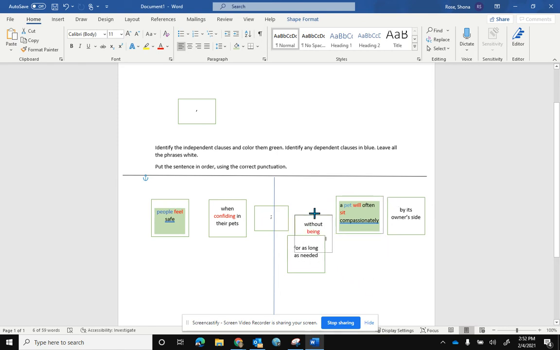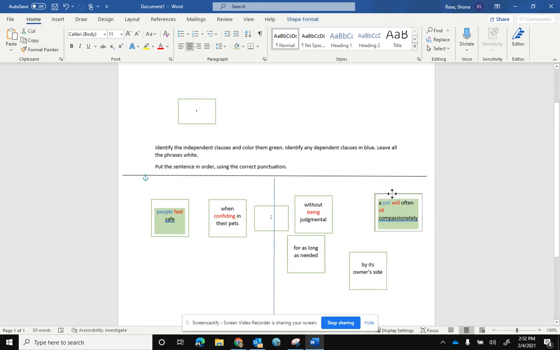The whole point is that the pets are not judgmental. And so I can take that comma now that I have an introductory prepositional phrase, and then I have the sentence as it should be.